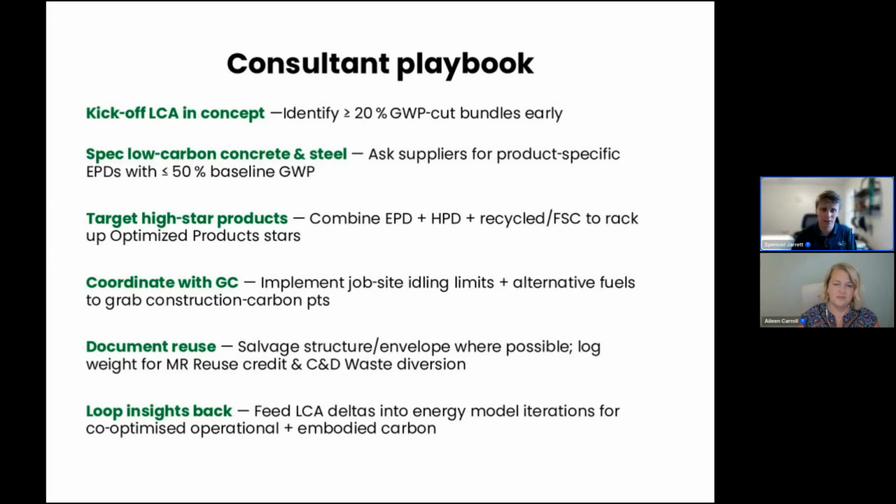So using the LCAs in tandem with your energy models, considering different materials, maybe different orientations, different thermal masses, to reduce them both at once would probably be a great place to start.